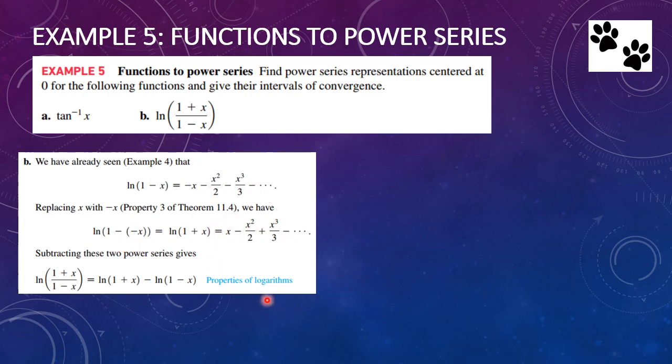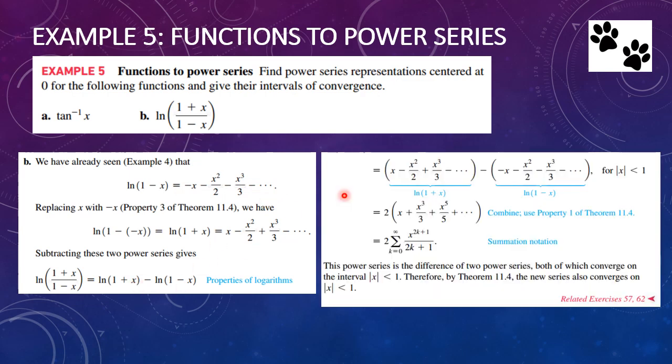But remember from the property of logs that when I take a log of a quotient, this is equal to the log of the numerator minus the log of the denominator. And again, by theorem 11.4, when we have a sum or difference, we can combine those terms. So what we can do here is take the terms of the natural log of 1 plus x and subtract the terms of the natural log of 1 minus x, as we see here, okay?